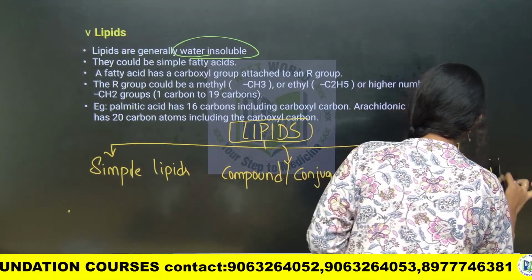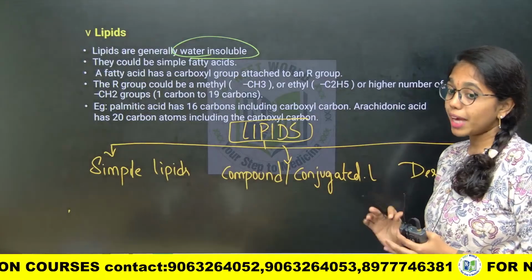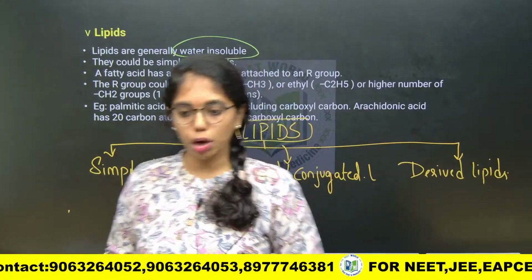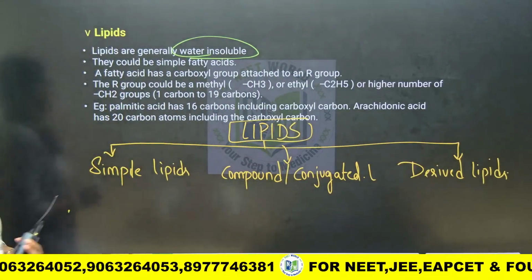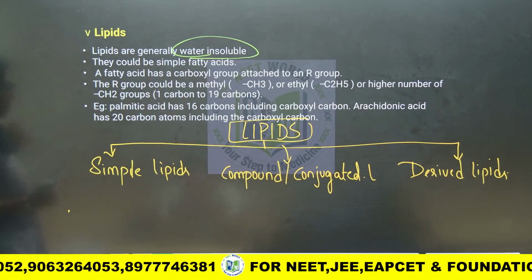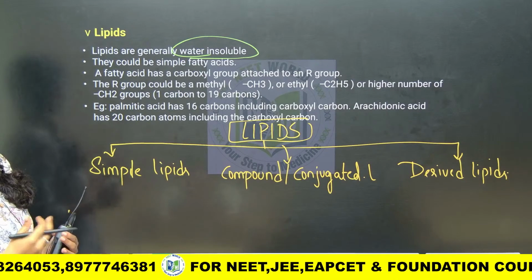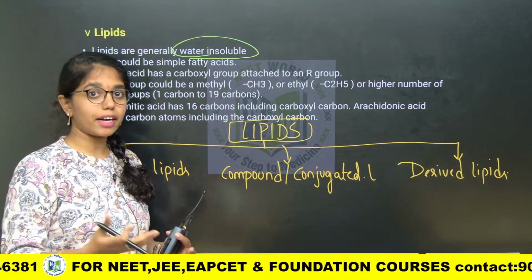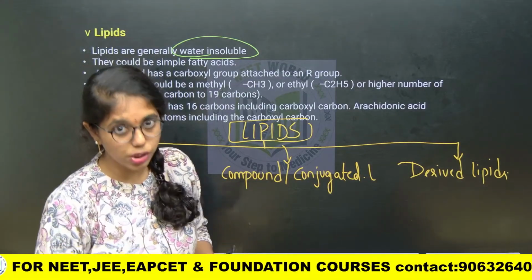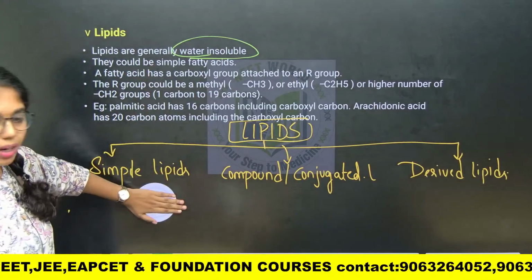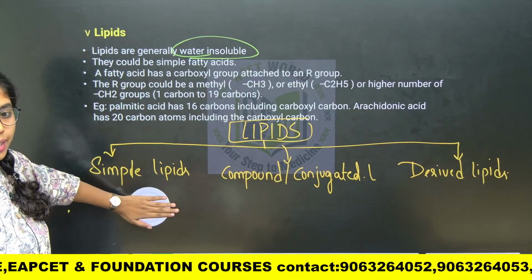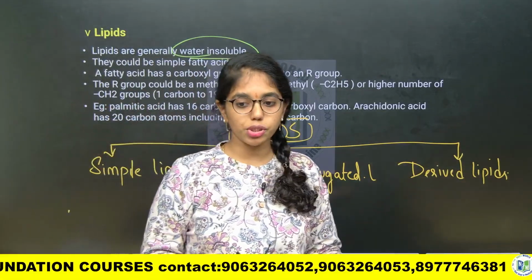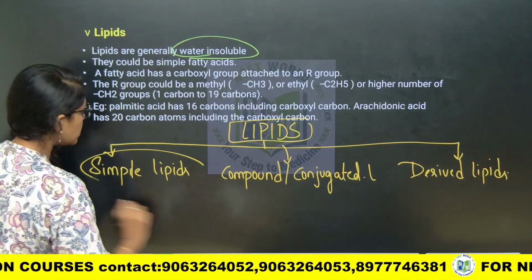This is the primary classification of lipids based on the presence or absence of glycerol and any other molecules also. Simple lipids will just have natural neutral fats, fatty acids and glycerols. Saturated fatty acids and unsaturated fatty acids also come under simple lipids. So glycerol, fatty acids, saturated and unsaturated fatty acids are kept under simple lipids.